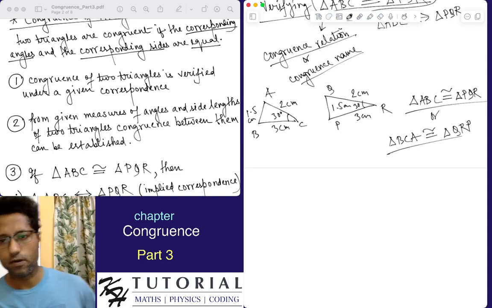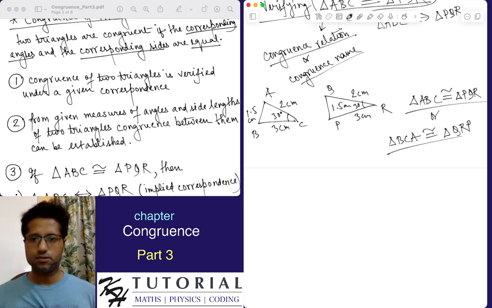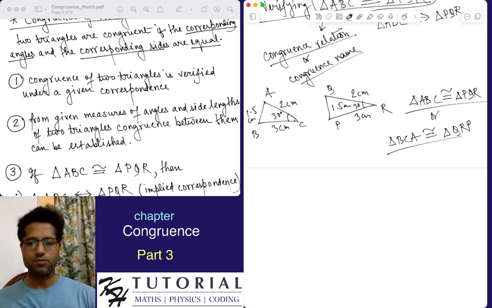You have to tell the congruence relation. So this is another aspect of problem solving on congruency.